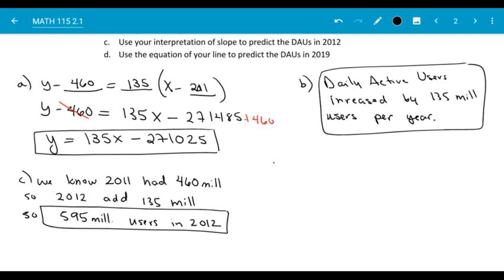Then part D says use your equation to predict the number of users in 2019. So when you look at the ordered pairs, the year is the x value, right? So we're going to let our x value be 2019.